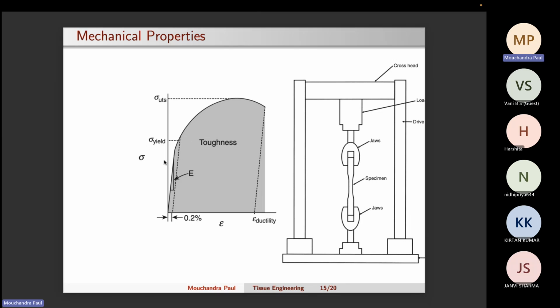Yield stress they are measuring means the stress at which 0.2% plastic deformation has taken place. But you can also calculate it at the point where the elastic region is ending and the plastic deformation region is starting. At that point also you can calculate the stress, and that stress will be called yield stress.